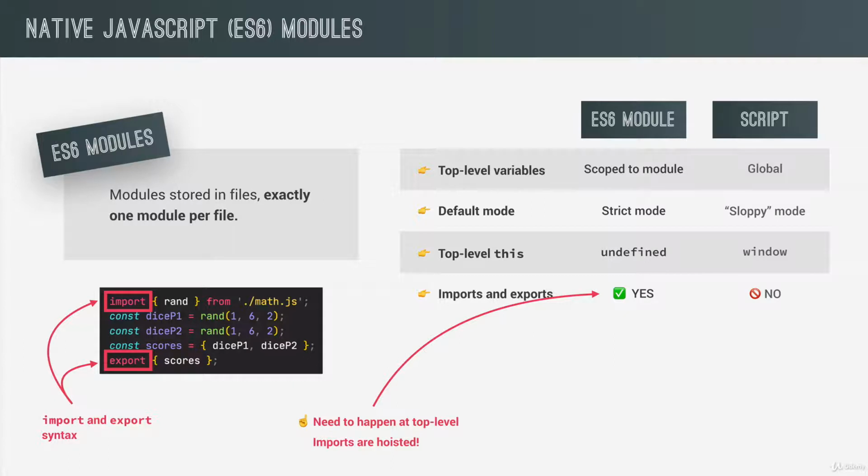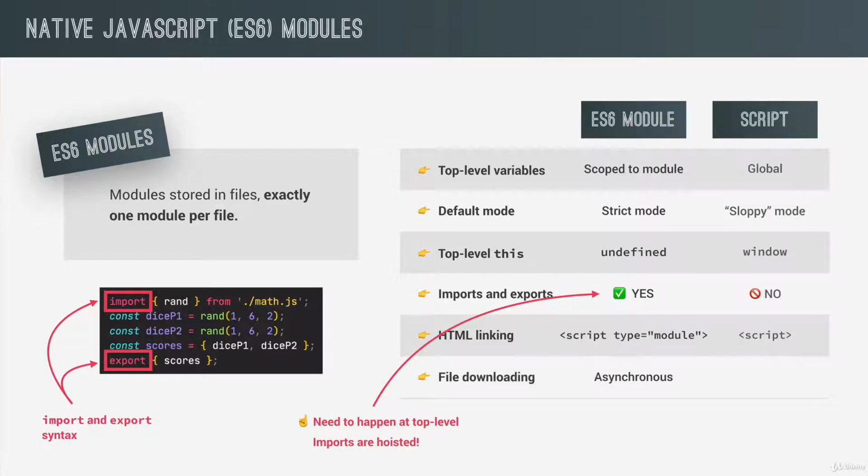Okay, now in order to link a module to an HTML file, we need to use the script tag with the type attribute set to module instead of just a plain script tag. And finally, about downloading the module files themselves, this always automatically happens in an asynchronous way.